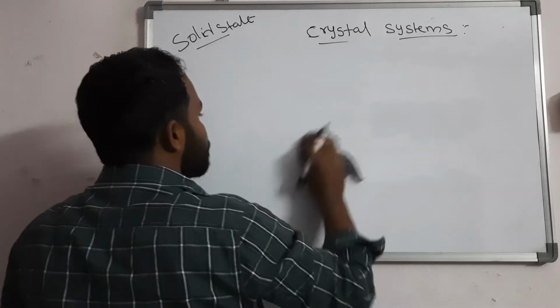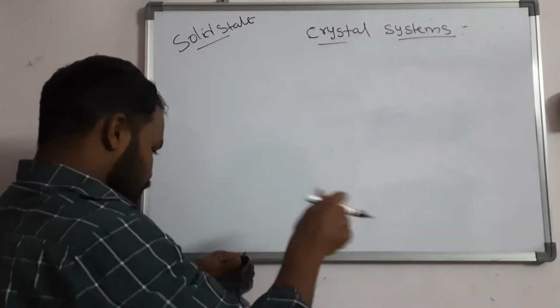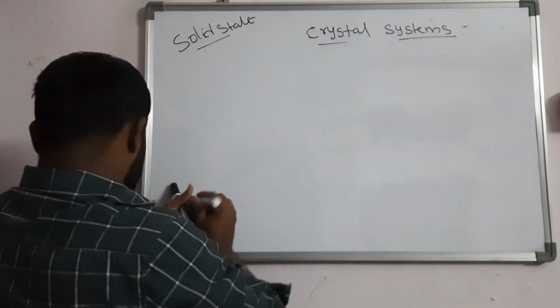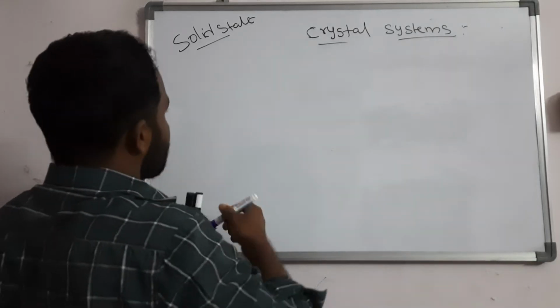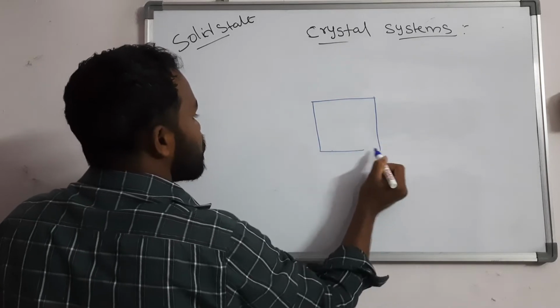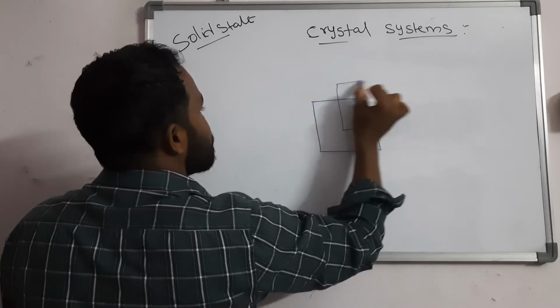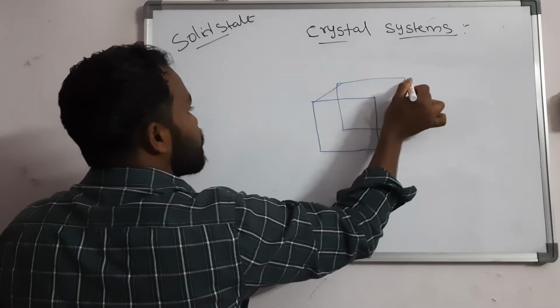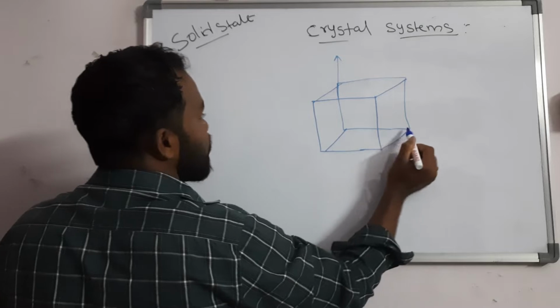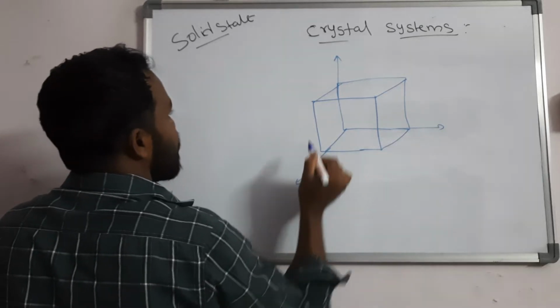Next, a small introduction about the cube. You can see the cube is like this. If it is a cube, then it contains 3 axes: this one is an axis, another axis, another axis.